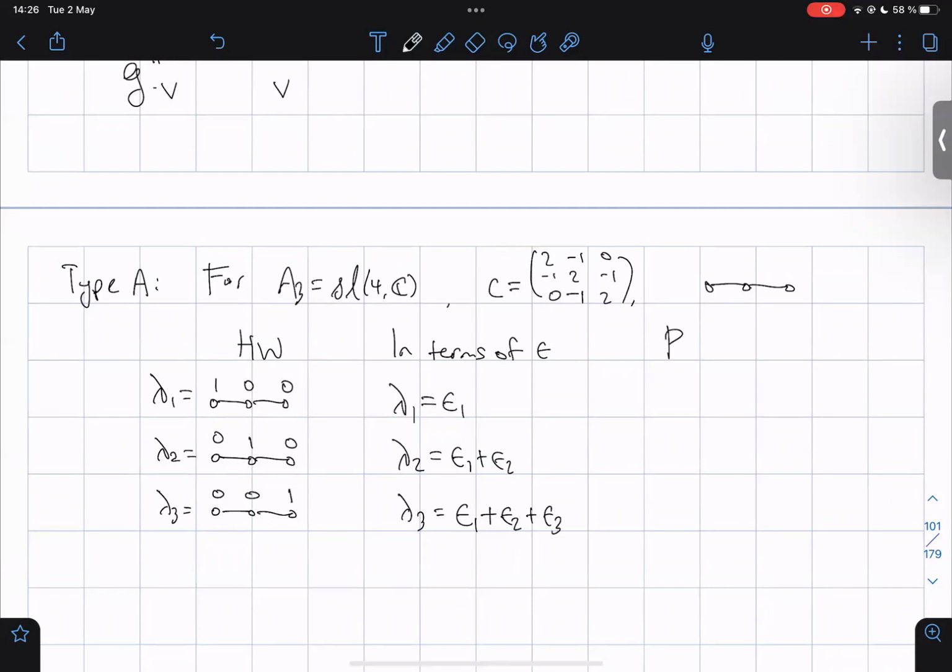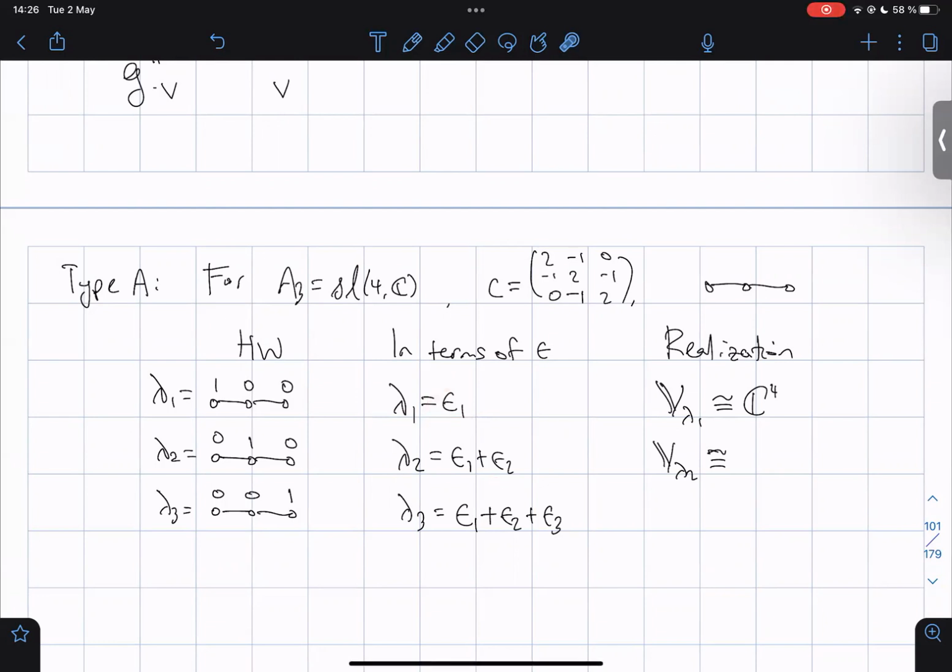Concretely, the realization of this representation is just the standard representation. We've seen that epsilon 1 is the highest weight for the standard representation, and epsilon 2 is the next.